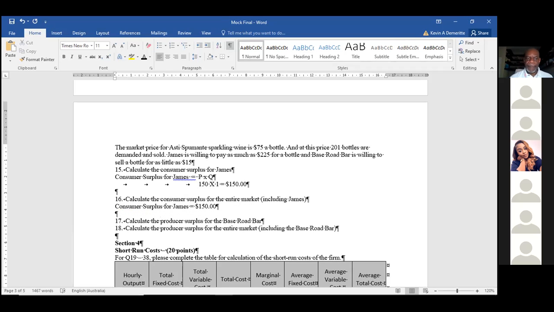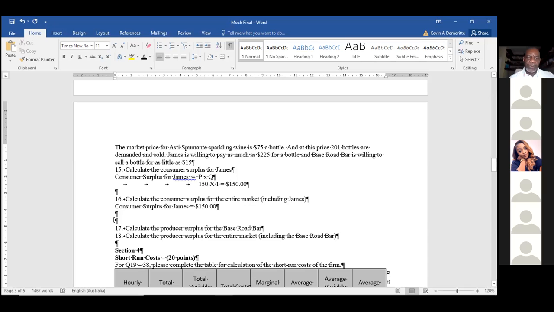All right. So what about the rest of the market? Consumer surplus for the rest of the market. So we subtract 1 from the 201. Yes. And we get 200.